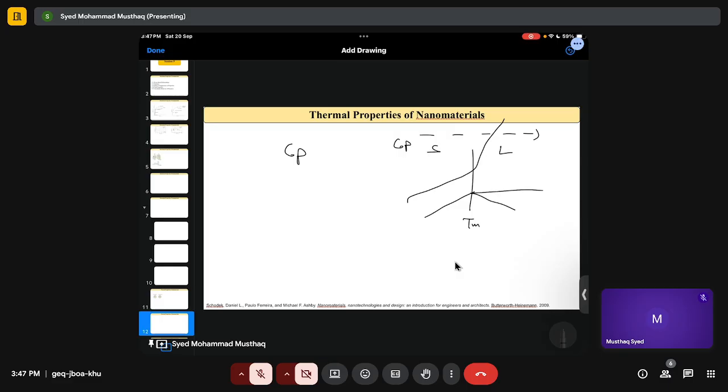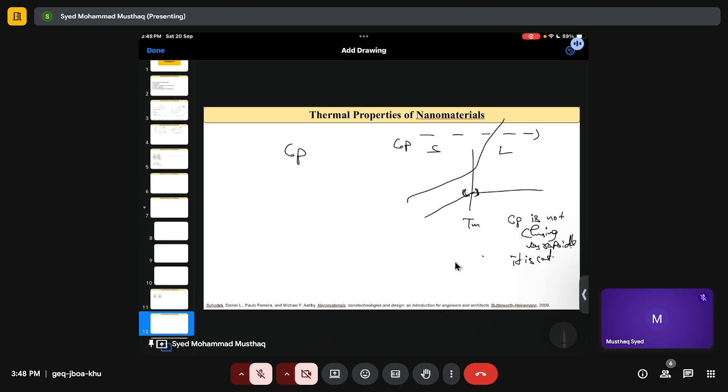It cannot go down, because the oscillations are more in liquids. So very close to the melting point, Cp is not changing rapidly, or it is constant, or it doesn't depend upon temperature.